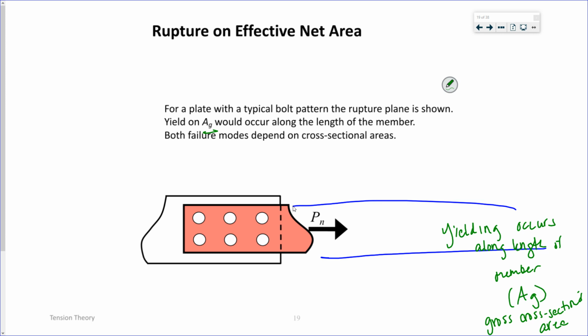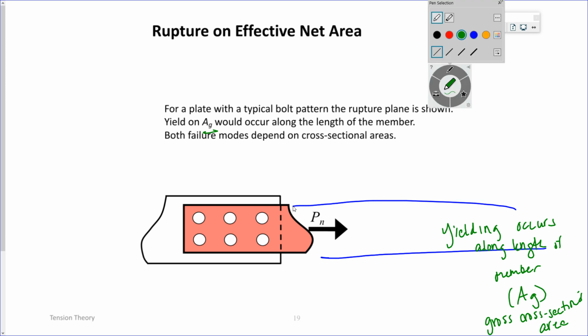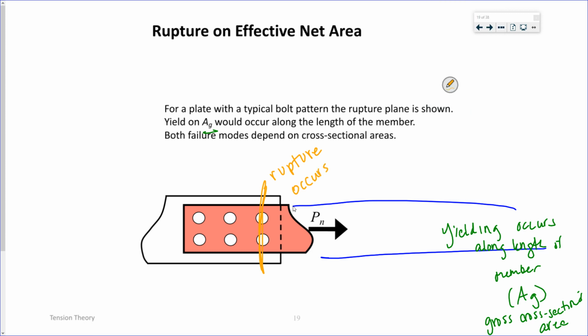And rupture occurs at our lead bolts, that first set of bolt holes, over our effective area, or net area.